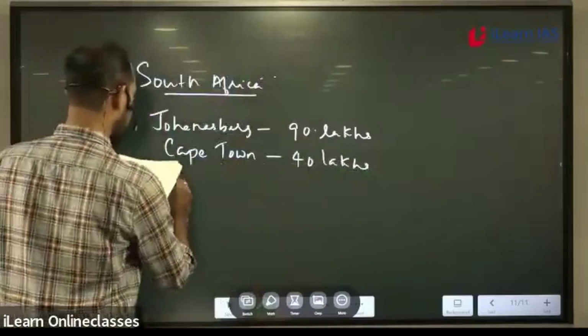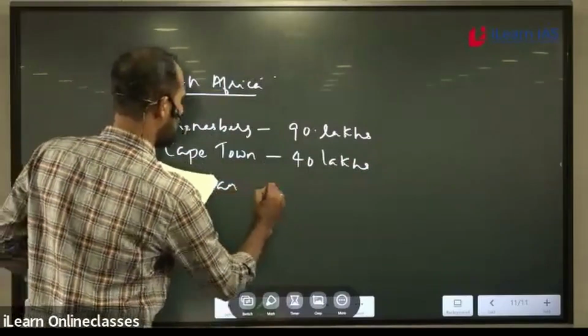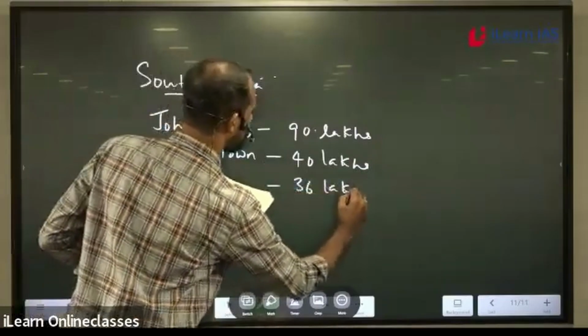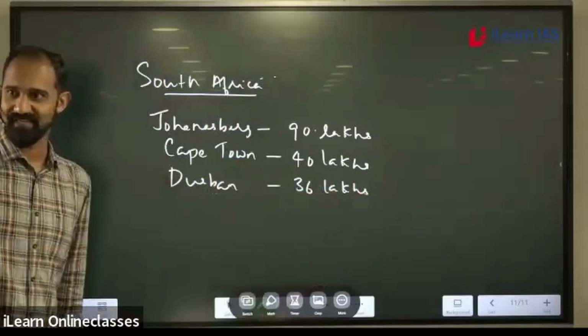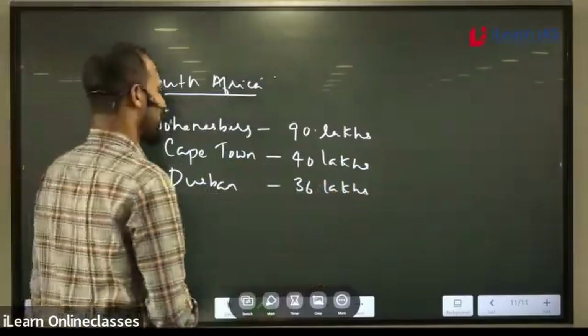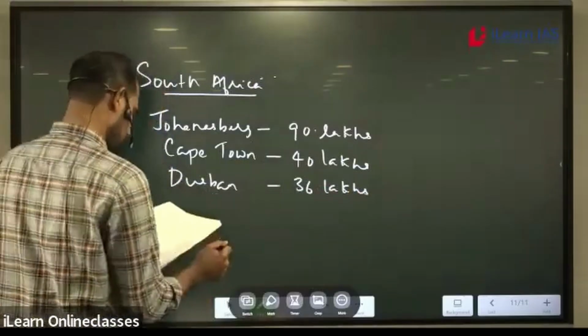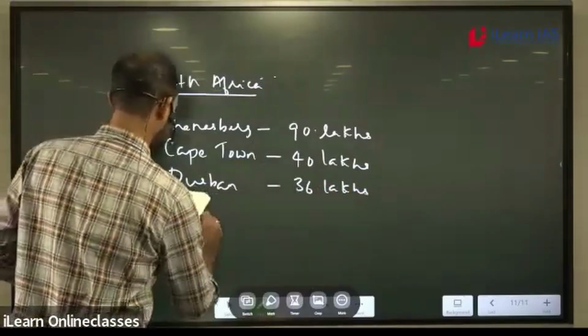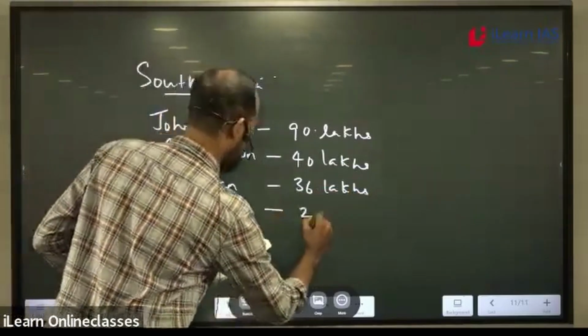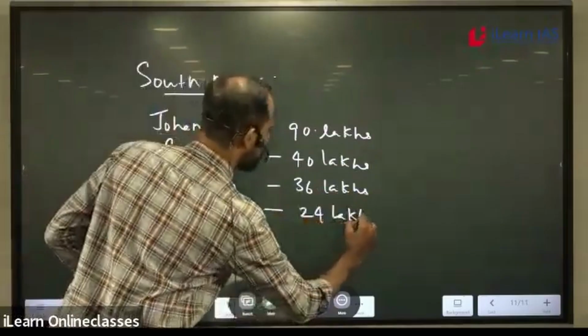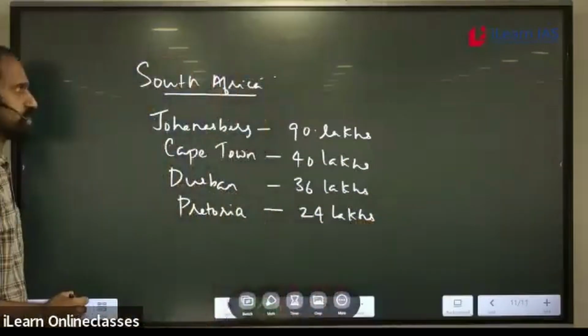The third largest city is Durban, but there it is coming closer. Obviously, you cannot expect it to fall exactly as per the theory. Then Pretoria. Roughly we say that this theory is applicable in South Africa.